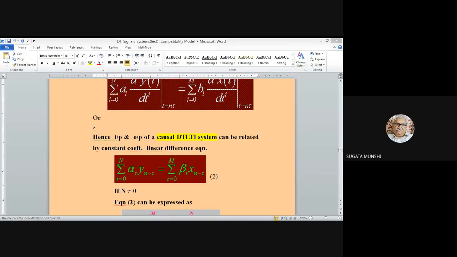It will be y[n minus i], isn't it? Plus A_1i. In this way, can you see it?